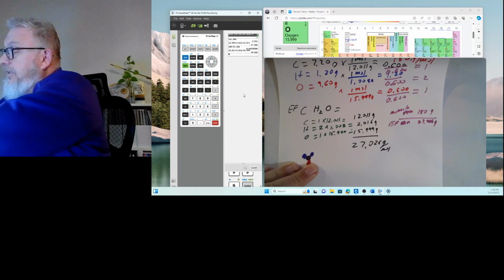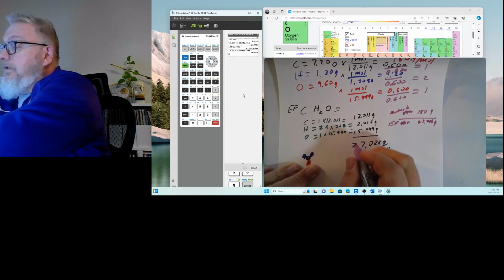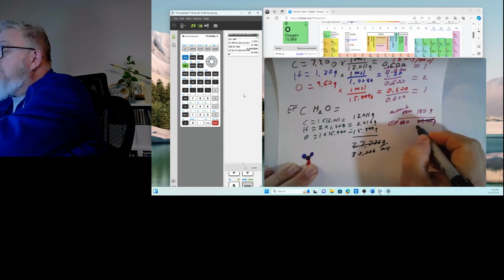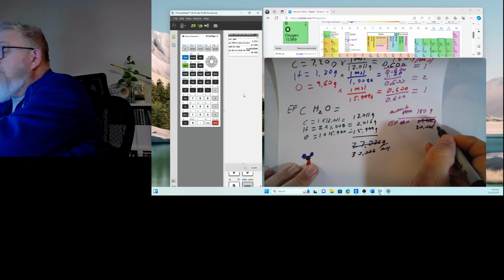So that's incorrect. I knew something didn't look right. 30.026 grams per mole. Let's try that again.